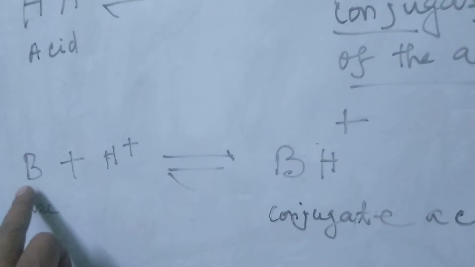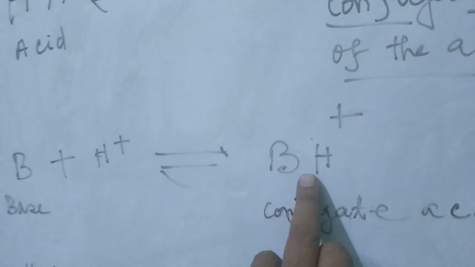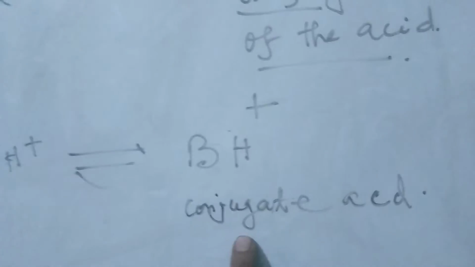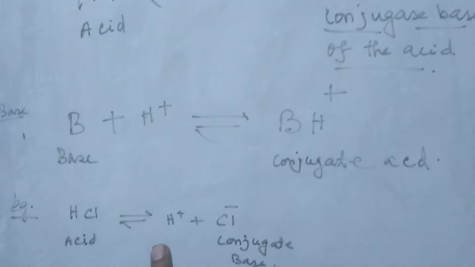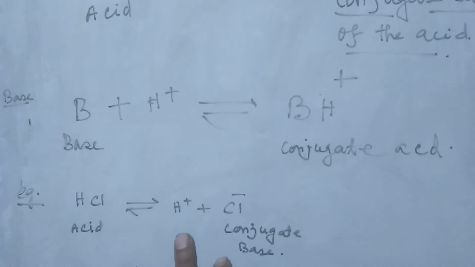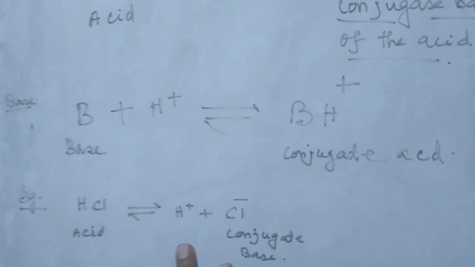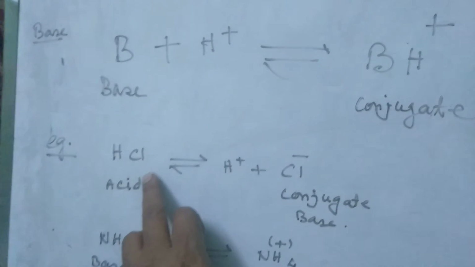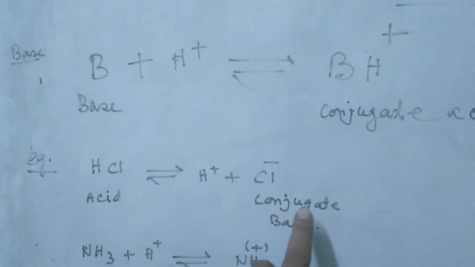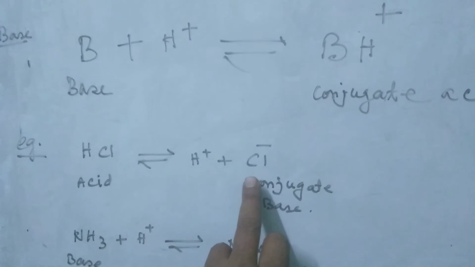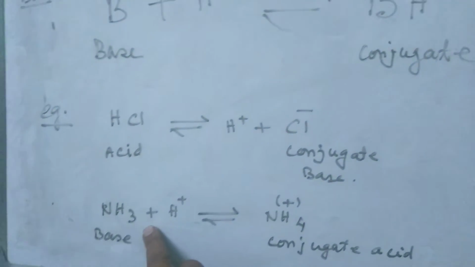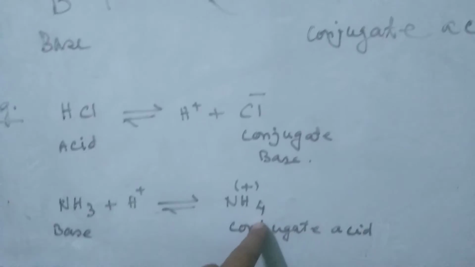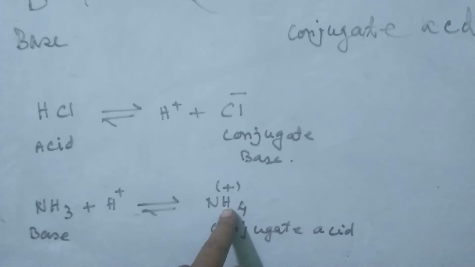So we can say that this BH plus ion is the conjugate acid of this base. How can we get the conjugate acid of a base? Just add H plus ion to it. For example, HCl is an acid and its conjugate base is the Cl minus ion. Similarly, NH3 is a base, and its conjugate acid is the NH4 plus ion.